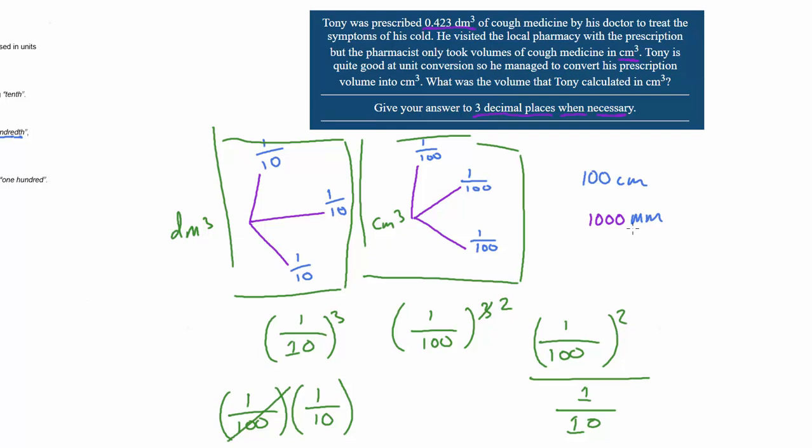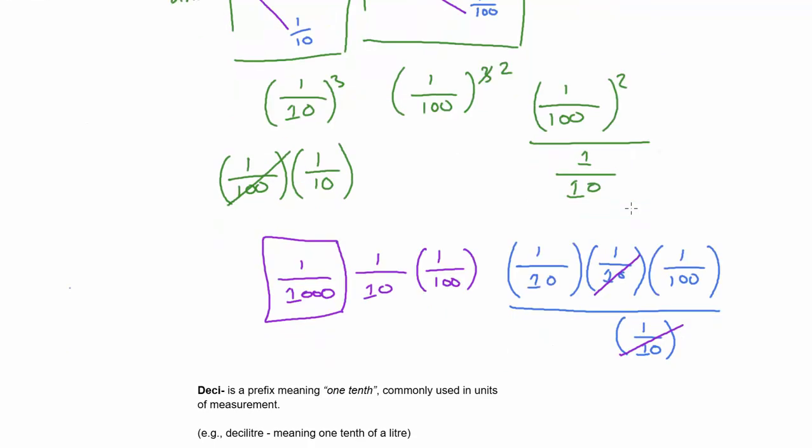Now, taking the same principle, when we've got the decimeters cubed, converting it to centimeters cubed, will we end up with a bigger number or a smaller number? Well, clearly what we're going to end up with is a bigger number. Now, if you divide something by 1 over 1,000, right? If you divide something by 1 over 1,000, do you get a bigger number or a smaller number?